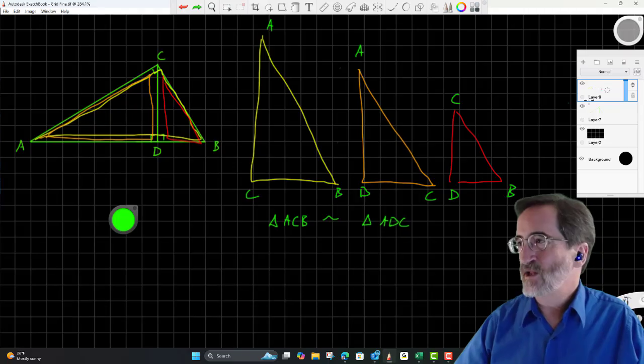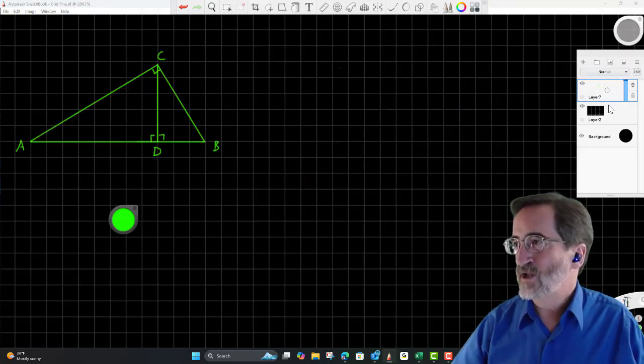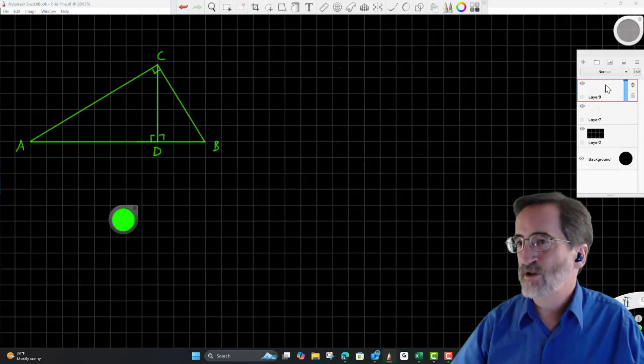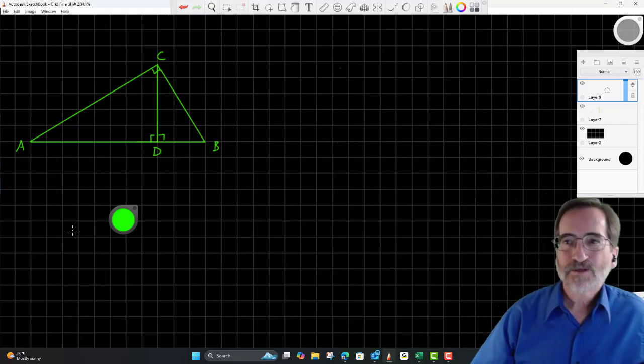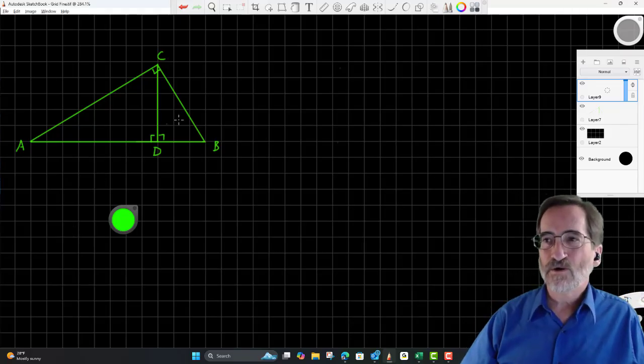Let me get rid of this layer here. Glad I made another layer, and I'm going to make another layer as well. First of all, these are all right triangles.